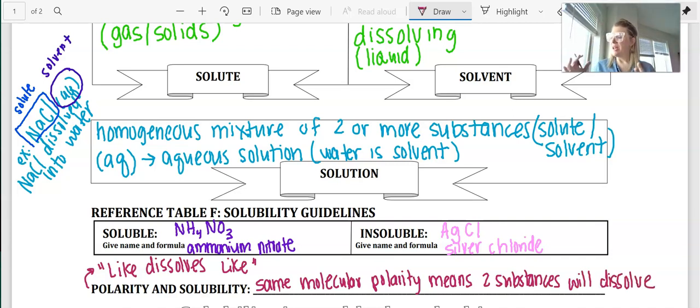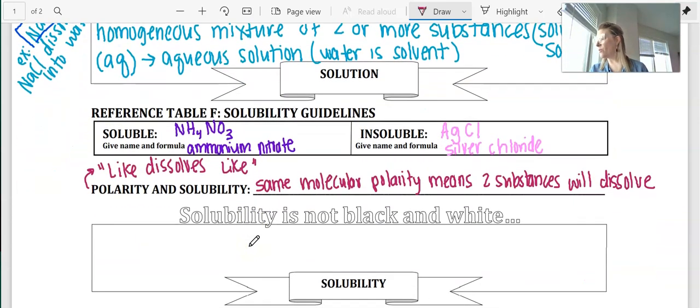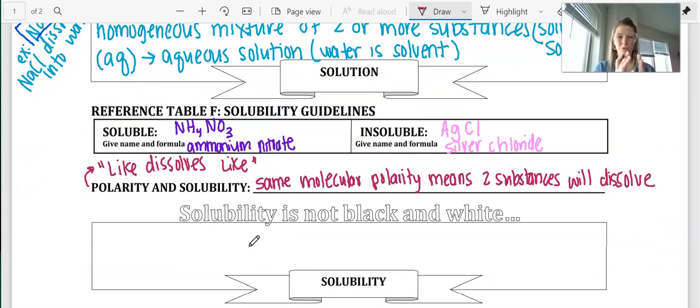Okay, so we've looked at, basically at this point, solubility as being black and white, if you will, okay? That something is either soluble or it's insoluble, and that's it. There is no range of solubility. But what we're going to talk about in this unit specifically is that solubility actually is not black and white, okay? Solubility is a range. There are certain things that dissolve more than others or less than others, even though they both theoretically dissolve.